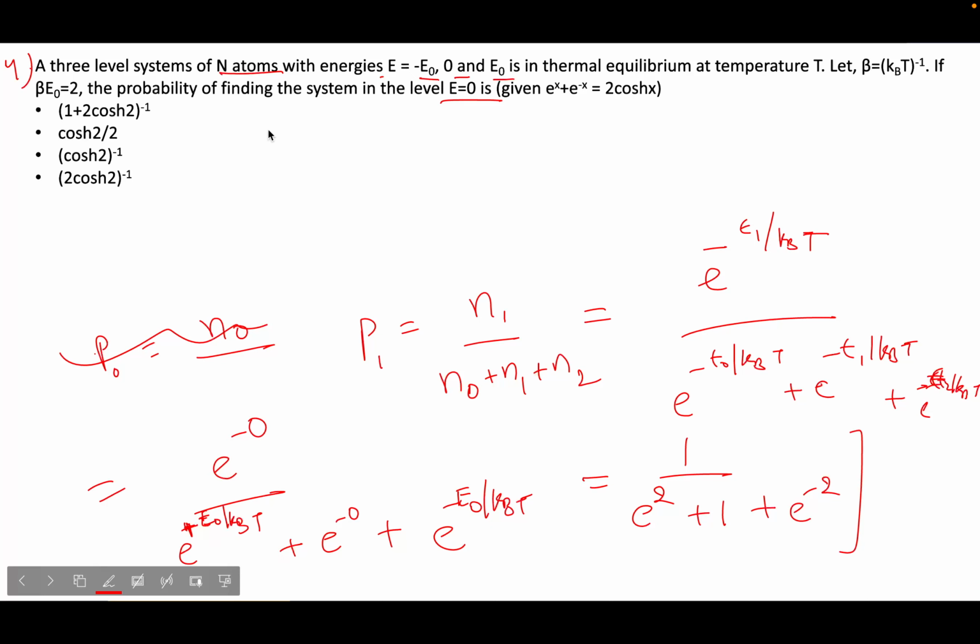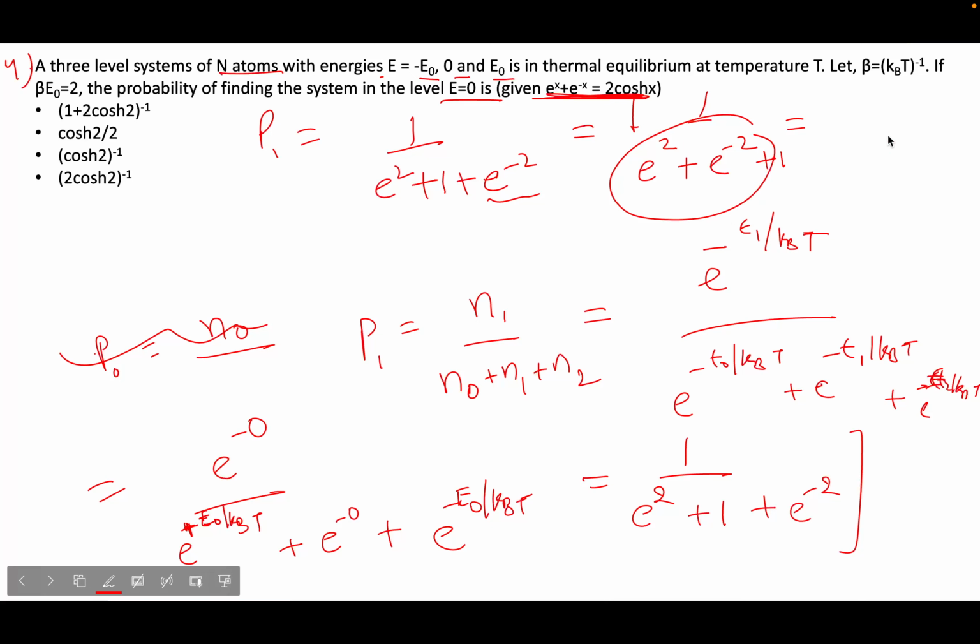Now P of first level is 1 over e square plus 1 plus e to the power minus 2, and this formula is given, e to the power x plus e to the power minus x is equal to twice of cosh x. So we can use it on this, 1 over e to the power 2 plus e to the power minus 2 plus 1. We can write it like this only.